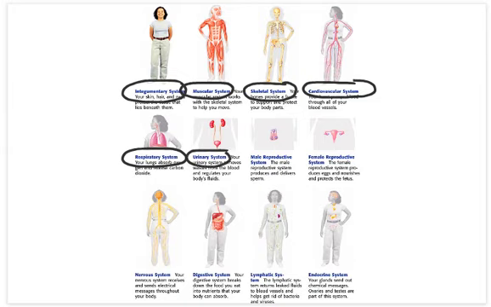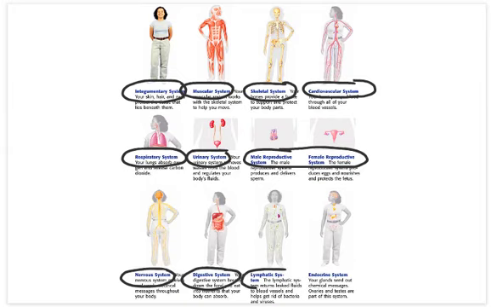Urinary system, you know what that is now. The reproductive systems, the nervous system, your brain, your spinal cord, your nerves, the digestive system, the lymphatic system, and lastly the endocrine system.